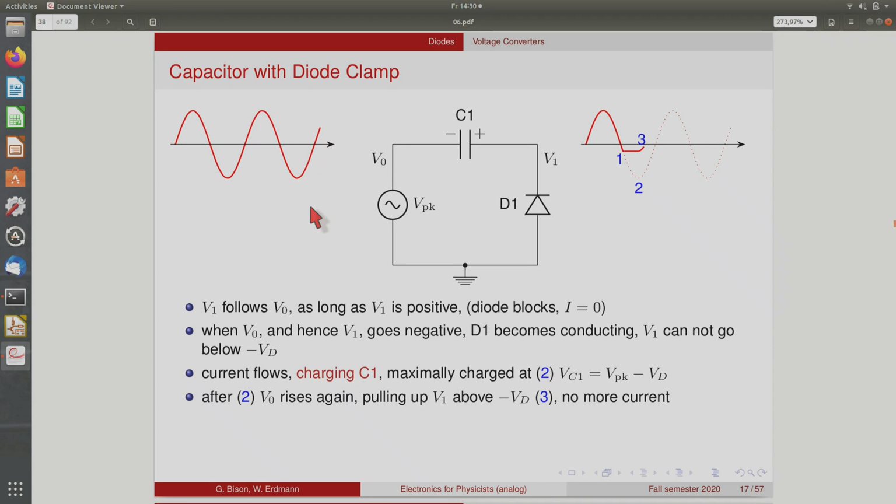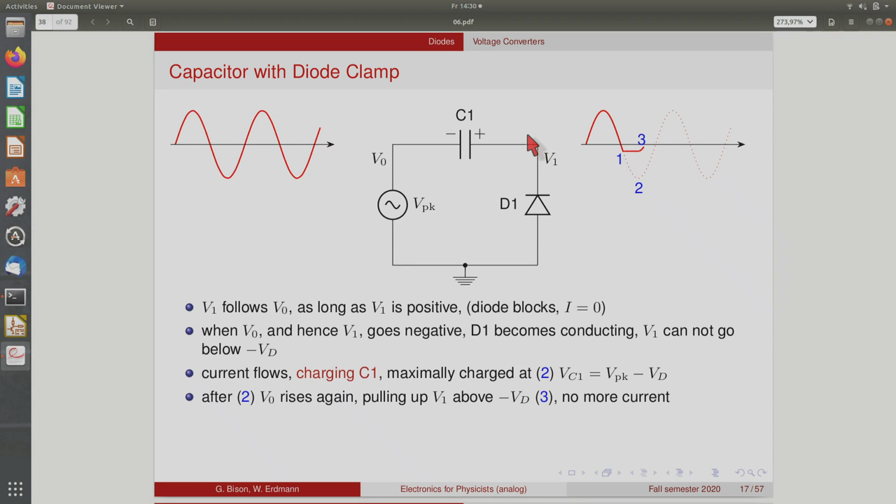And now as the sine wave continues, the capacitor is at some point maximally charged. Then we start going positive again. At this point, the output goes positive again, and the diode stops conducting. So there's no more current through the capacitor, and again we start lifting up the capacitor. Since no current is flowing, the voltage across the capacitor stays the same.